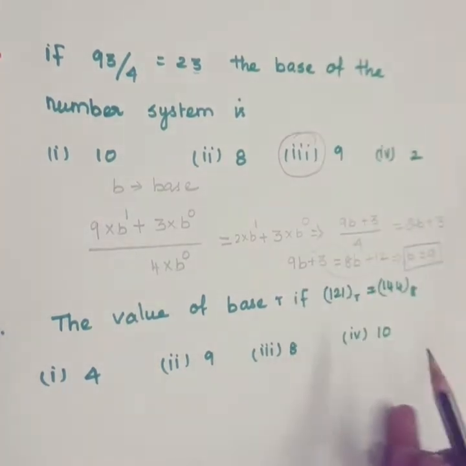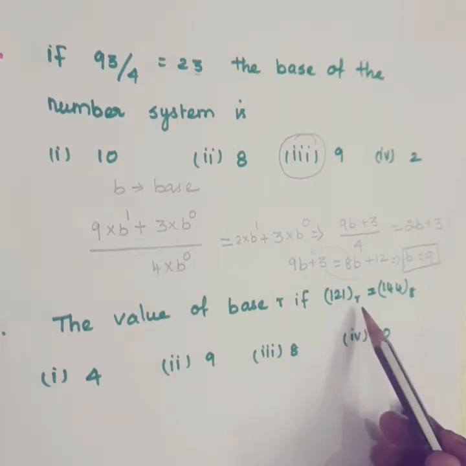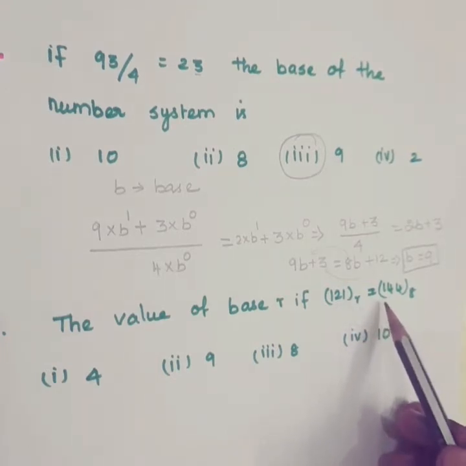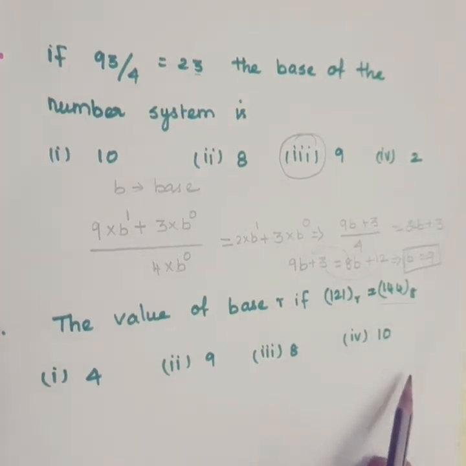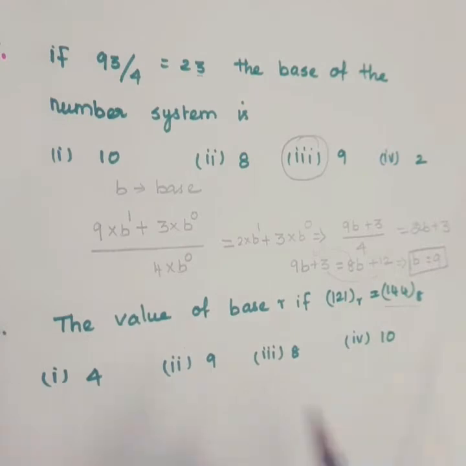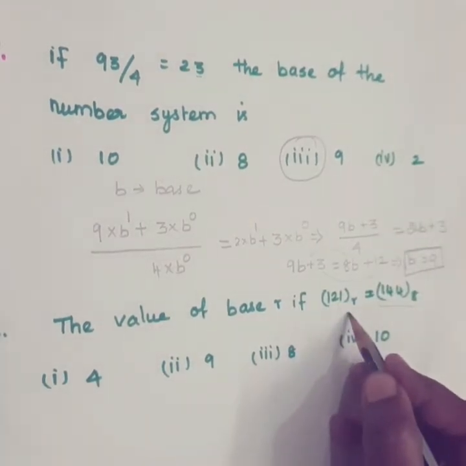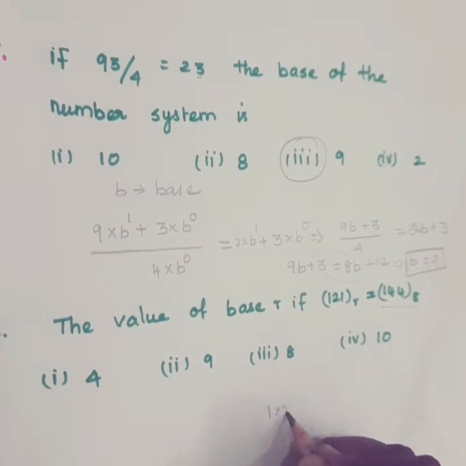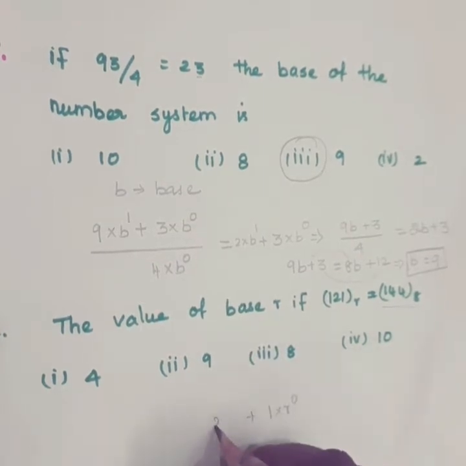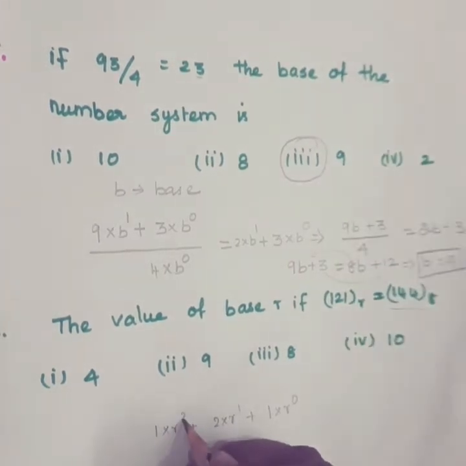So next question, the value of base R if 121 base R is equal to 144 base 8, that is an octal number. It is also the same type of question. So now let us solve this. 121 and the base value is R. If you expand this number using this base, you get 1 into R power 0 plus 2 into R power 1 plus 1 into R power 2.